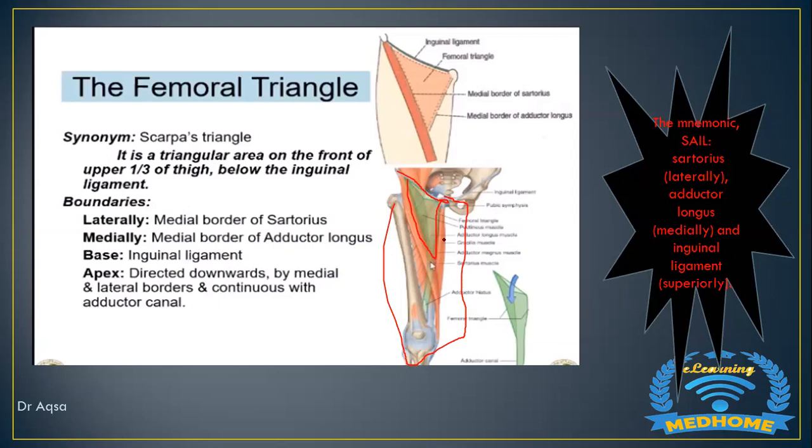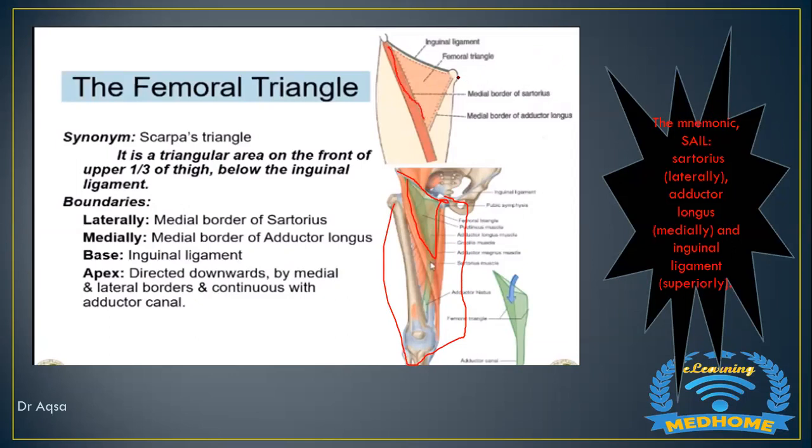Now to explain the boundaries, it's very easy. I've made a mnemonic for you to remember it very easily. The mnemonic is SAIL.